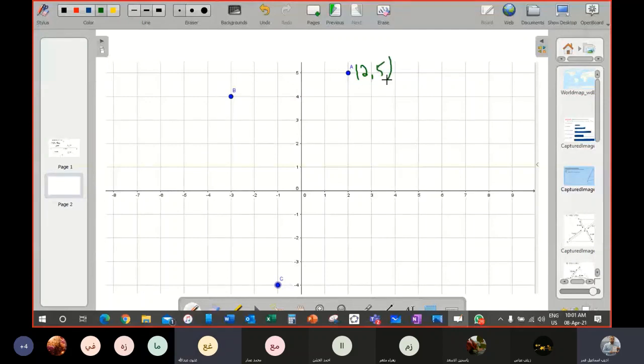So the coordinates of A are 2 and 5. The abscissa of A is what? Here is 2. We start from 2. So 2 is the abscissa and 5 is the ordinate.